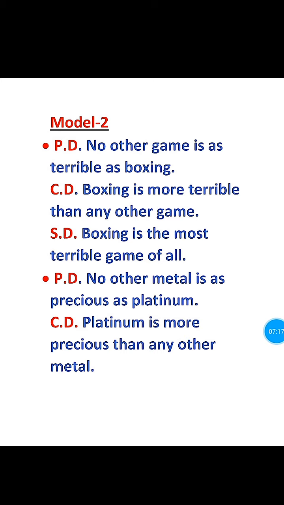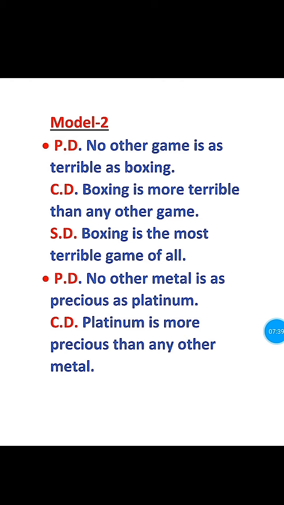So, of all, that means so many games are there. Among those games, we are comparing boxing with them. Next, positive degree. No other metal is as precious as platinum. Comparative degree. Platinum is more precious than any other metal.